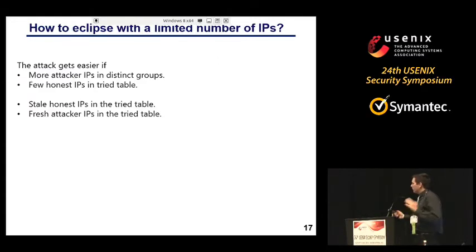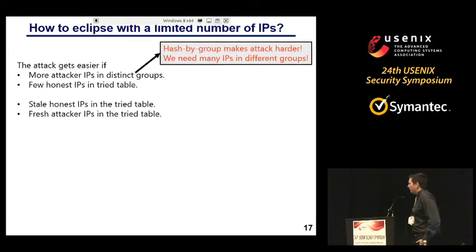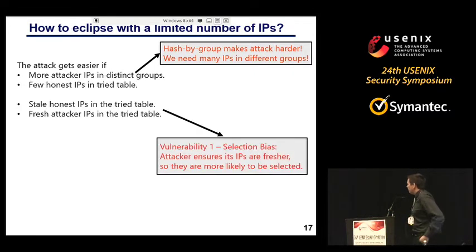So what do you do? You're an attacker. You have a limited number of IP addresses. The more IP addresses you have, the better off you are, especially the more IP addresses in distinct groups. The fewer honest IPs in the tried table, the better as well, because you have less to compete with. And we've already shown that you have this selection bias that you can exploit to get more bang for your buck for your IPs.